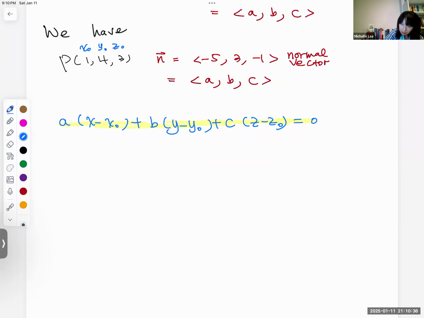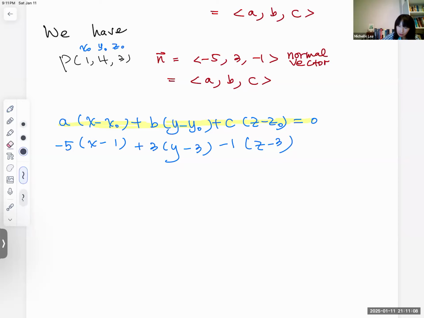So we have -5 times x minus 1, plus 3 times y minus 3, plus c equal to 3. Sorry, c equal to -1. And z minus z naught equal to 3, right?